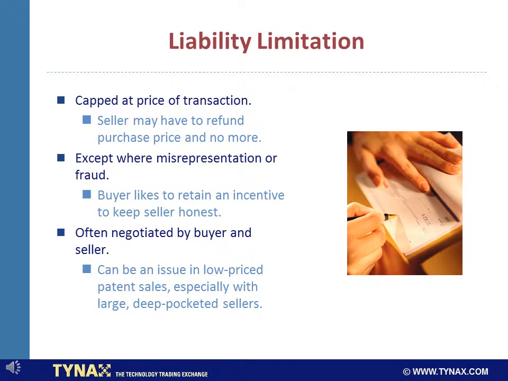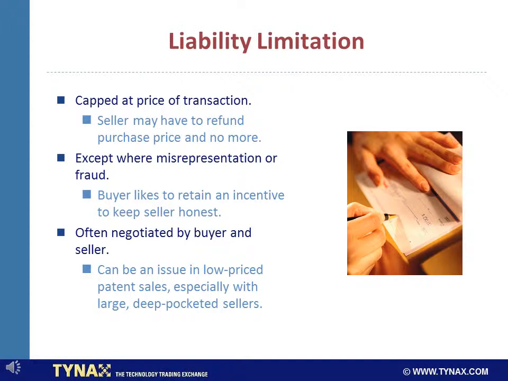Liability limitation is often a topic for negotiation in patent sale transactions. The buyer will often request full compensation if the representations and warranties provided by the seller prove to be untrue, or the buyer suffers losses for some other wrongdoing of the seller. However, the seller is usually reluctant to agree to uncapped liability, and the parties often negotiate to cap the liability at the value of the transaction.